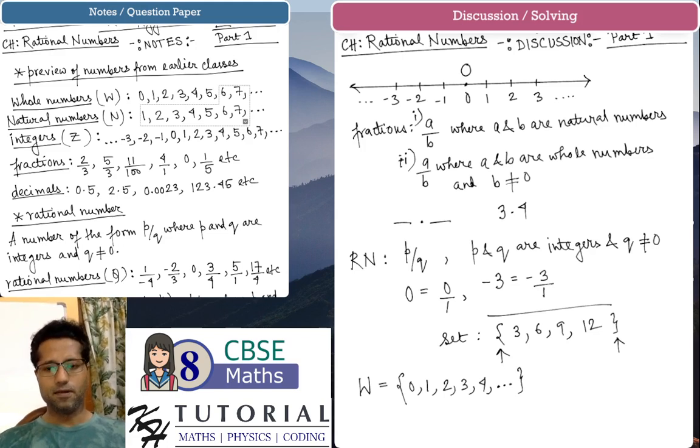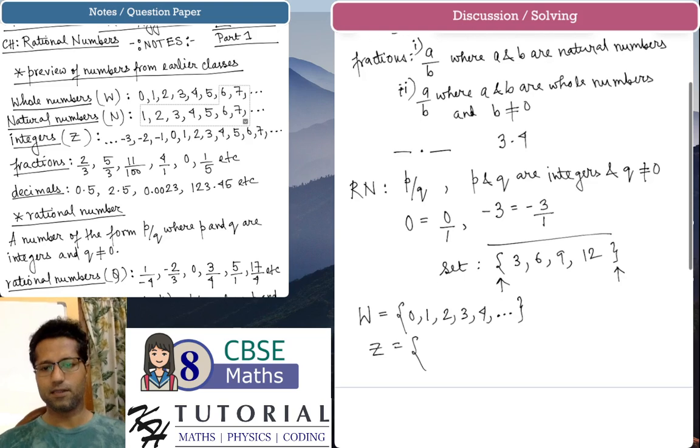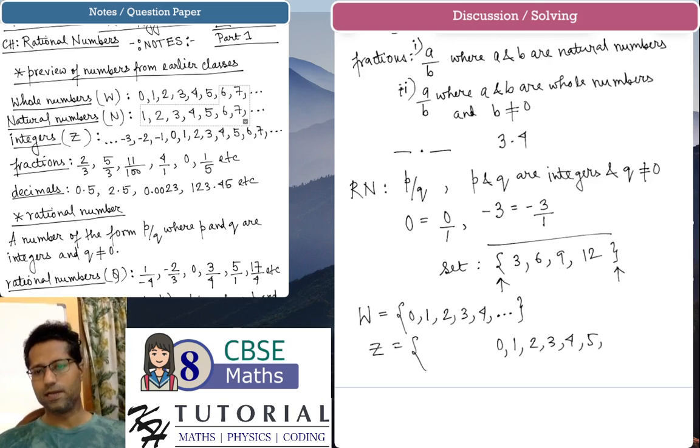Similarly, the letter Z is used to denote the collection of integers. How do we write it? We have 0 and then the positive integers 1, 2, 3, 4, 5, and to denote that there are infinitely many more numbers on the right-hand side, we put three dots and close it.